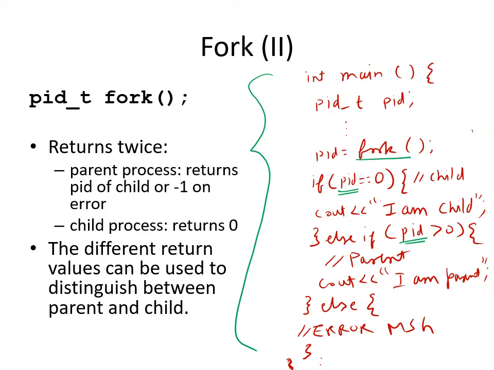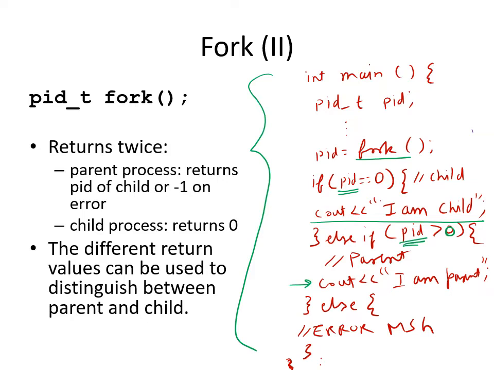So basically what we are doing here in this code is we are checking the value of PID. So whenever the child process runs, it will find that its PID is 0. So we can use that to have a separate logic for the child process. However, if the PID detected is greater than 0, it's a positive integer, then we know that it's the parent process that is running, so we can have a different logic for the parent process.